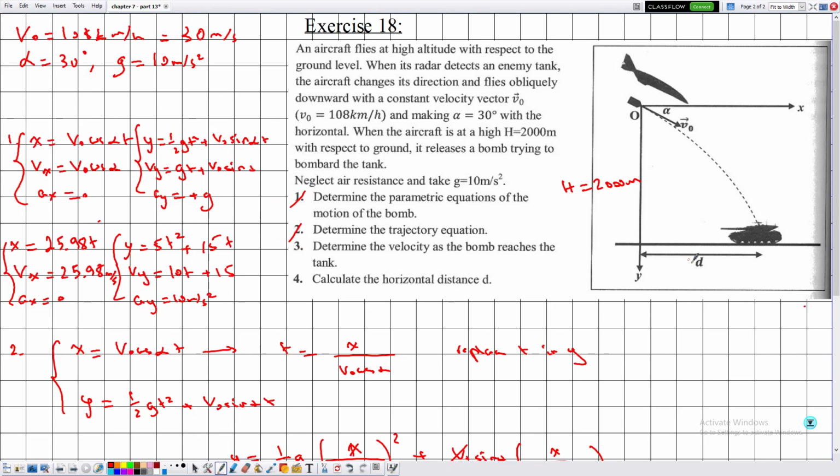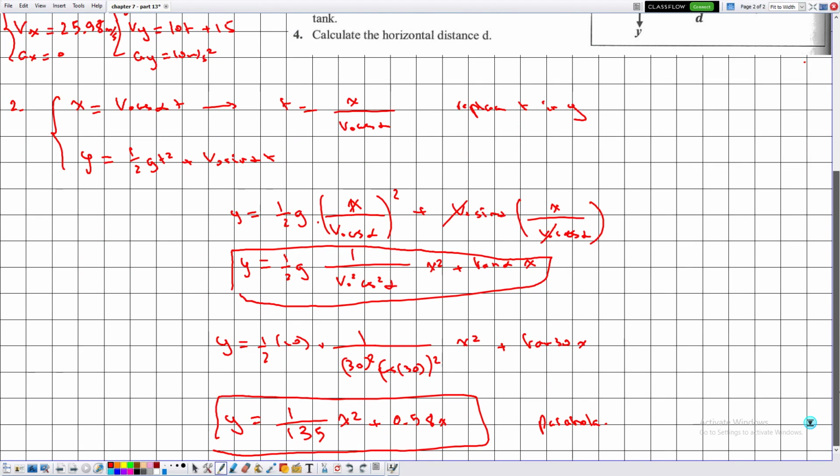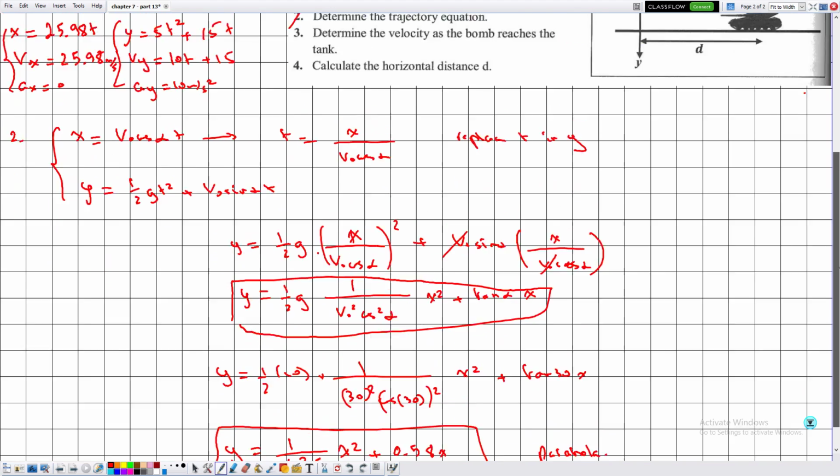Now, number 3, they are telling me to determine the velocity as the bomb reaches the tank. So, okay, we need to determine the velocity. Let me write the equation of the trajectory here.